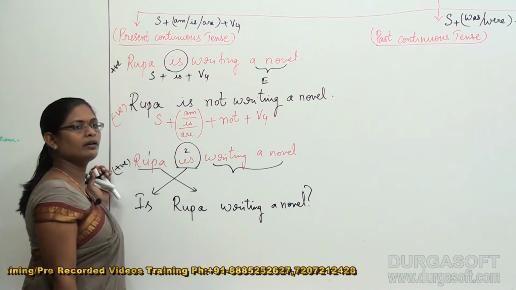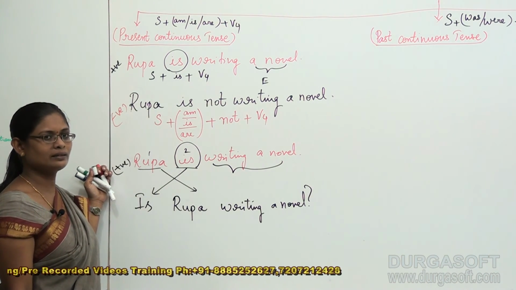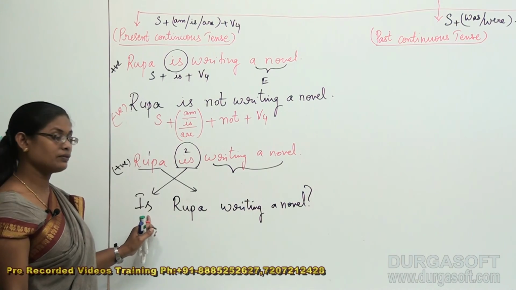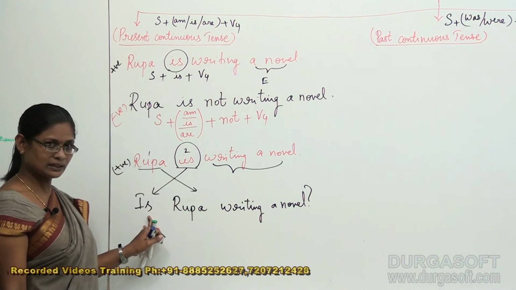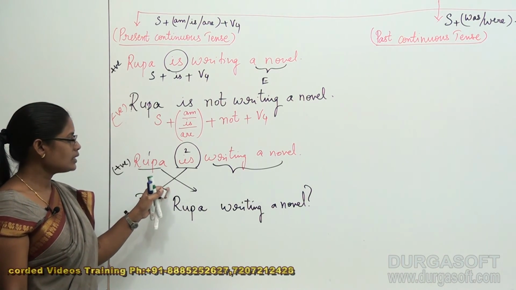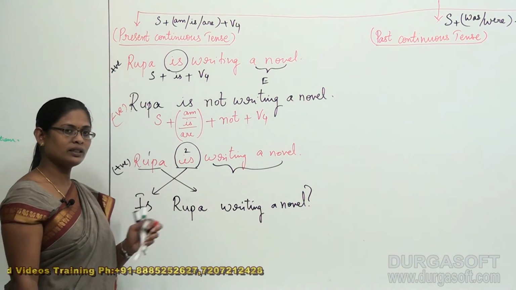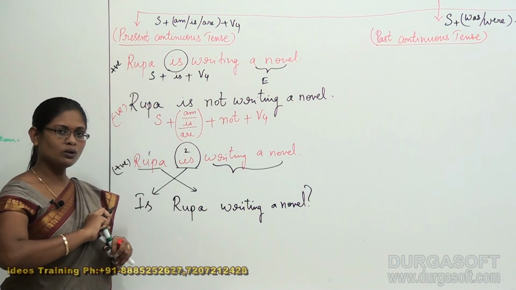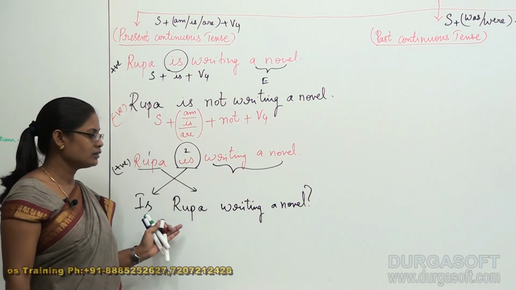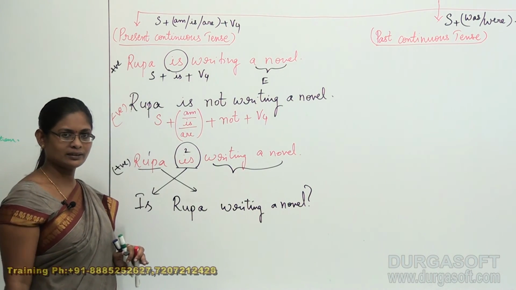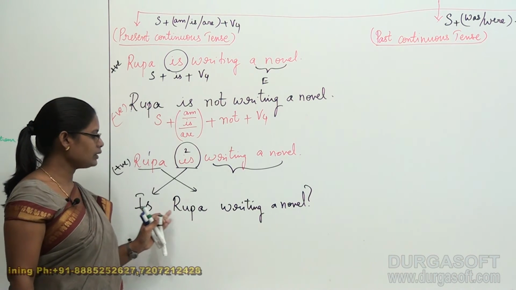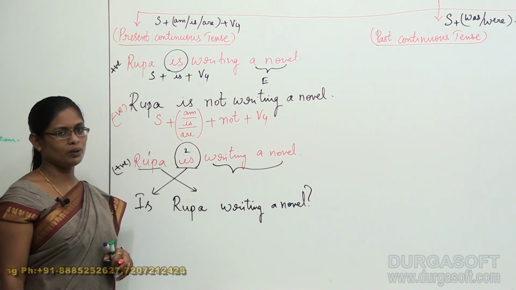And it should be ended with a question mark. That is mandatory. So now it is very simple that even though you forget the structure, if you remember certain logics, certain clues, definitely it is easier for you to tackle it on the spot within seconds. Alright. So then it became, is Rupa writing a novel?